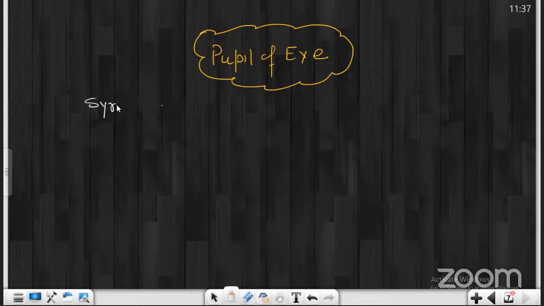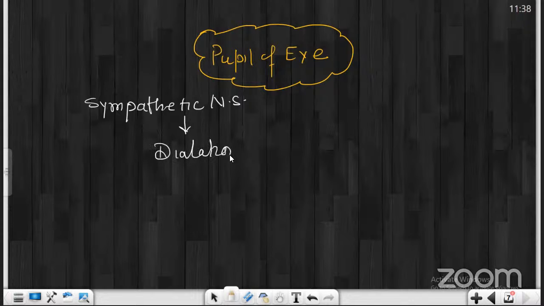In case of the sympathetic nervous system, what happens? It causes dilation of the pupil of the eye. More and more light will enter the eye.